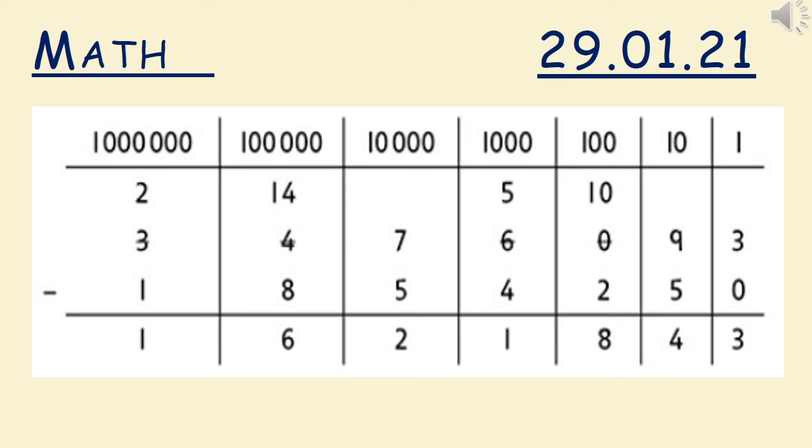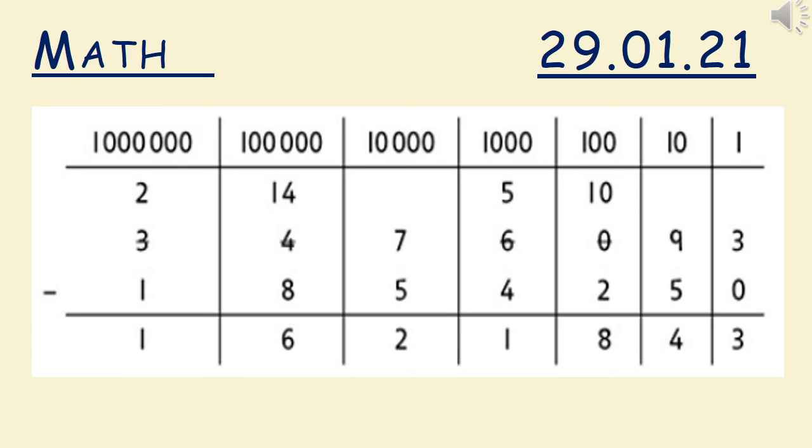Now we did have 6 take away 4, but we've had to take 1 from our neighbour, so that is 5 take away 4 is 1. 7 take away 5 is 2. 4 take away 8 gives us a negative number, so we're going to take from our neighbour, giving us 14 take away 8, which is 6.